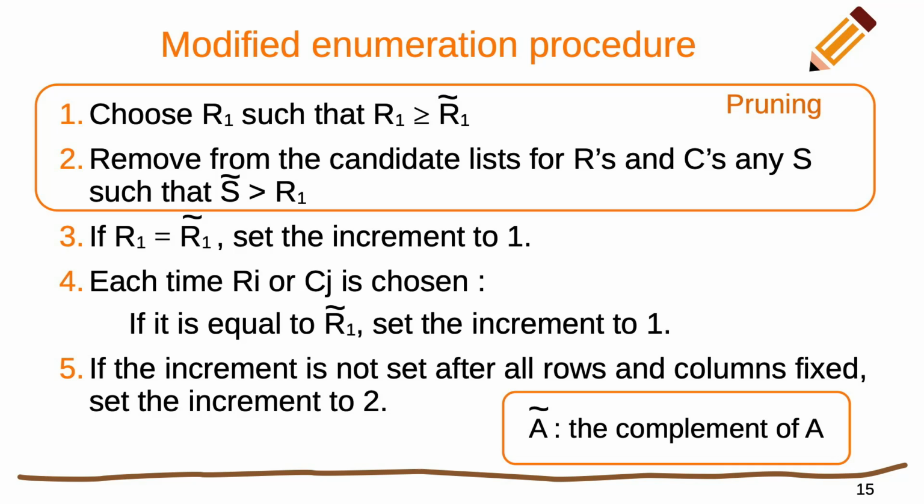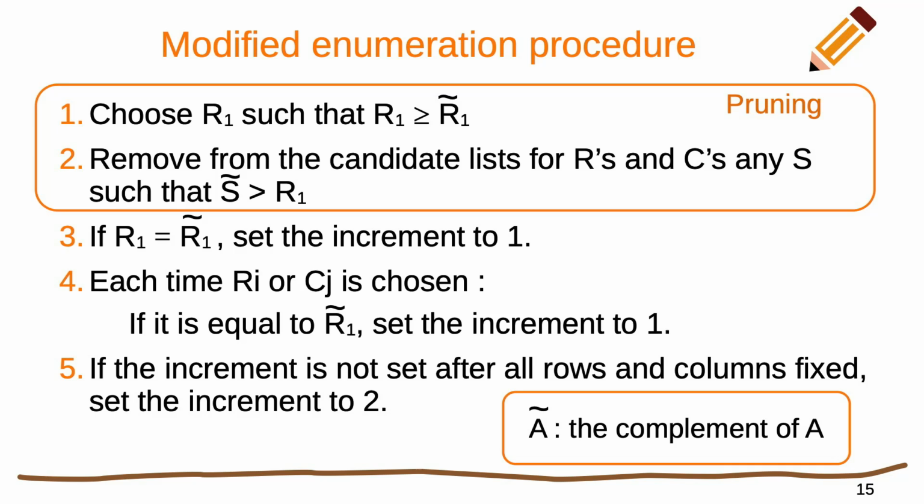So as the first step, choose an R1 which is greater than or equal to R1 tilde, and save the value R1 tilde for later use. Then remove from the candidate list for all subsequent rows and all columns any members whose complement is greater than R1.